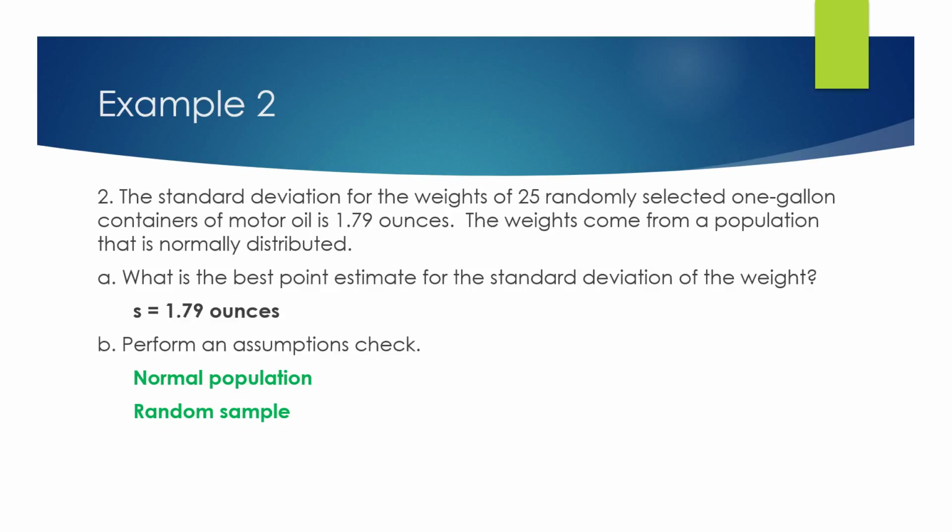So first, the point estimate for the standard deviation of the weights is going to be 1.79. It's our only guess, but again, they are randomly selected, so we are assuming that it is probably a good guess. Next, both of our assumptions pass because we know our population is normally distributed. We trust that information that we were given. And then it states that the sample was random, so we pass both of our assumptions.